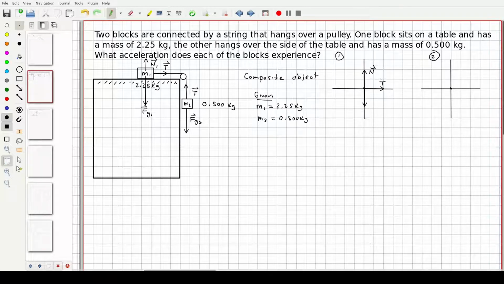Here's our tension. And here is our weight, like that. For mass 2, we have the weight and we have the tension.